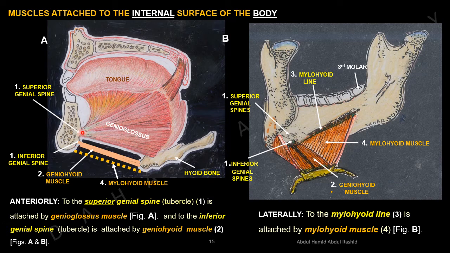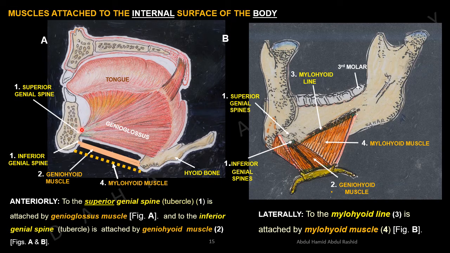So this is the superior genial spine, as you see from the sagittal section. This is the superior genial spine if you are looking from behind. Below that is the inferior genial spine pair, and here is the inferior genial spine. What structures are attached to the superior and what structures are attached to the inferior genial spine?